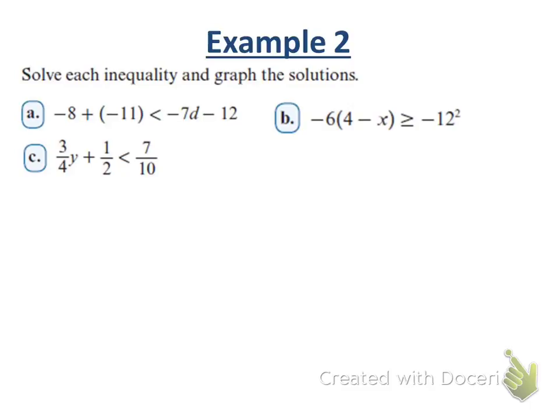What would we do here? Getting rid of fractions by multiplying everything by 20 would work. Any common multiple of 4, 2, and 10 would work. 20 is the least common multiple. If we multiply through by 20, we get 15y plus 10 is less than 14. Is that right?